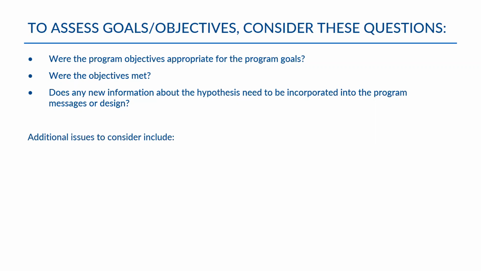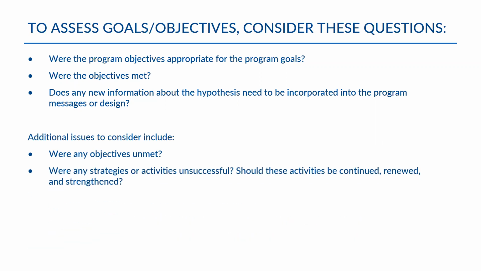I mean, additional issues to consider include, were any objectives unmet, as we mentioned before, and were any strategies or activities unsuccessful? Should these activities be continued, renewed, or strengthened?